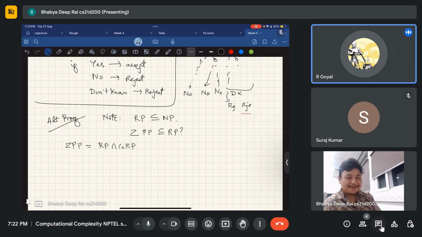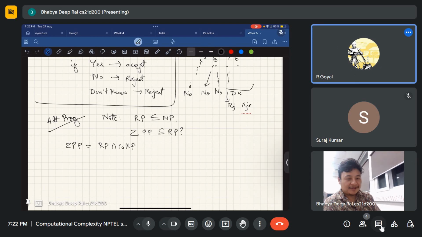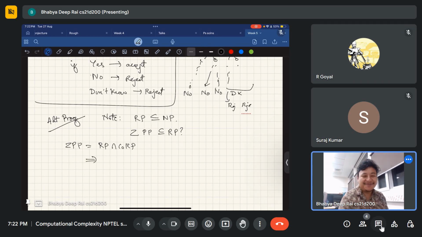Not union. So intersection. Yes, so definitely it would be in RP. Yes, exactly. The fact that it is an intersection means it is contained in RP, and it is also contained in coRP. Right. So which definitely implies that ZPP is contained in RP.